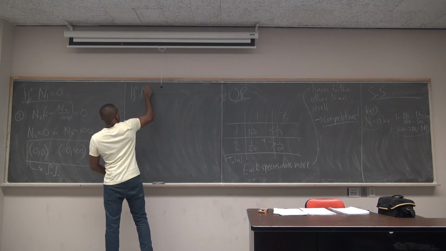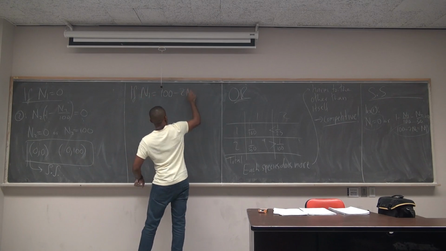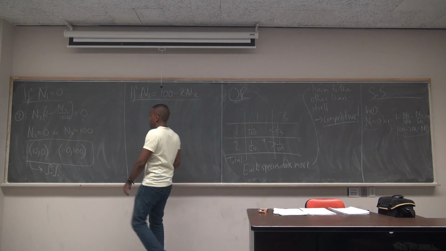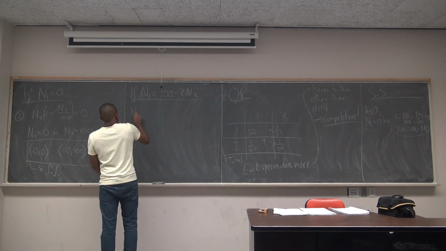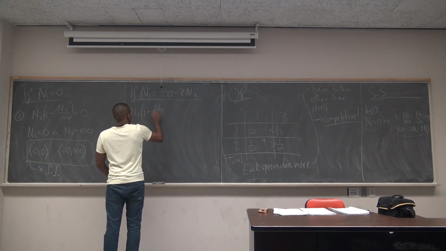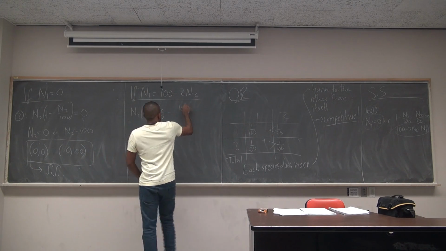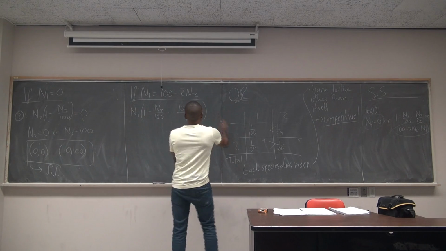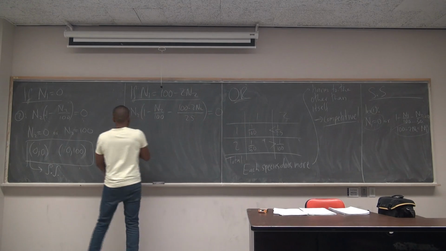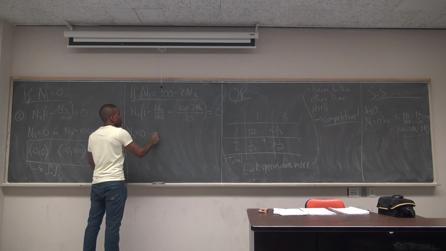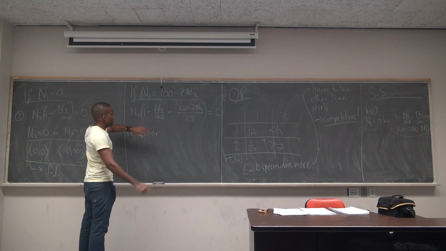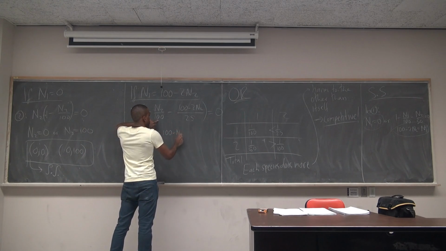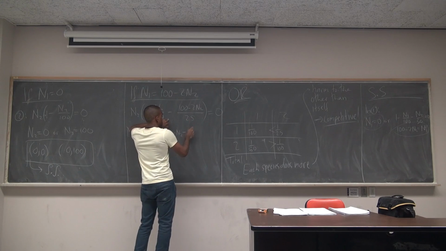If my n1 was 100 minus 2n2, then when I plug it in, I would get n2 times 1 minus n2 over 100 minus 100 minus 2n2 over, I think it was 25. n2 equals 0, or all of this would be equal to 0. LCD is 100, so I can multiply through by that.